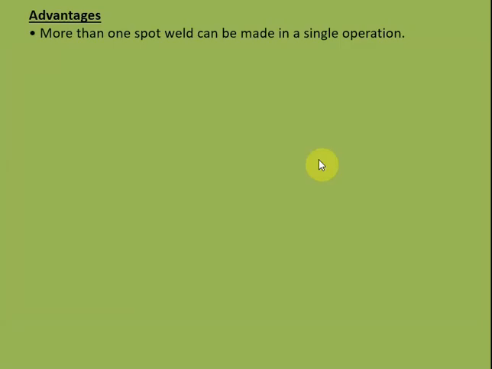Now we will see what the advantages are. As I told, more than one spot weld can be made in a single operation. Depending on the number of available projections, we can make multiple spot welds. So compared to spot welding, it is less time consuming.